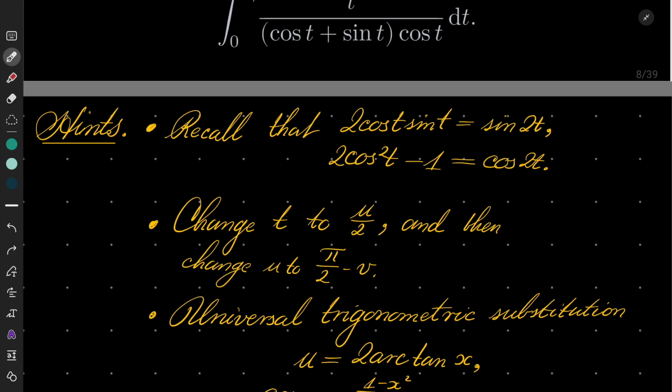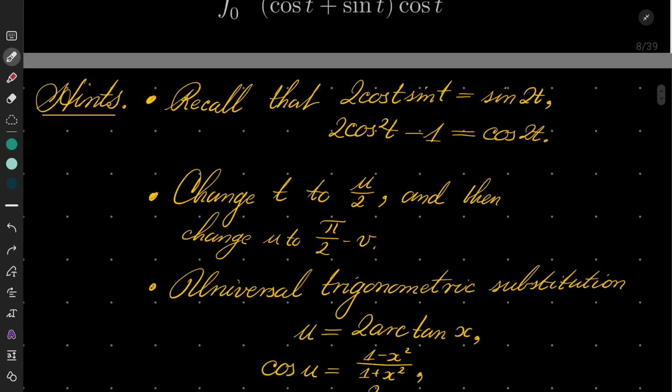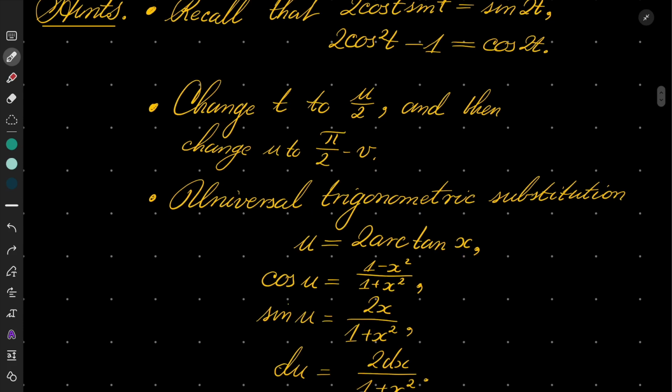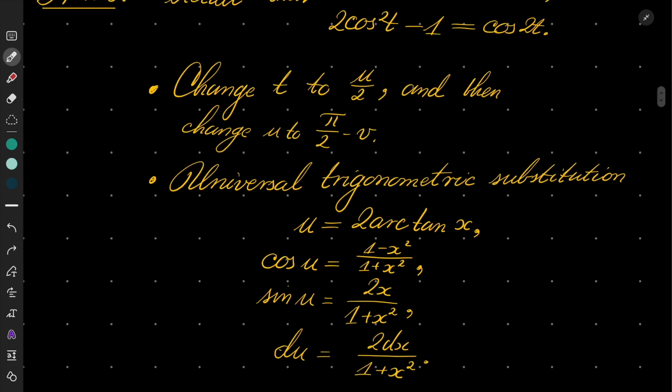And also recall the so-called universal trigonometric substitution when we are dealing with the integral of some rational function composed with trigonometric functions. The following substitution works.